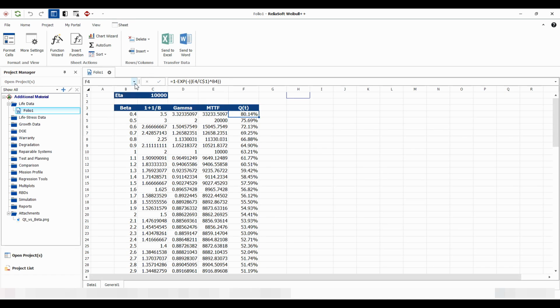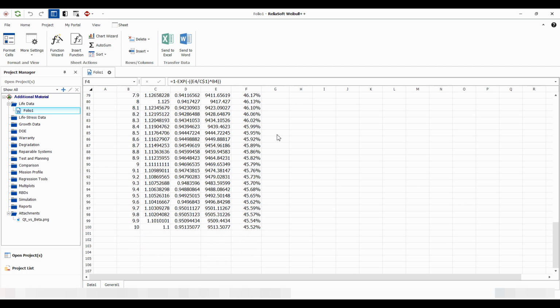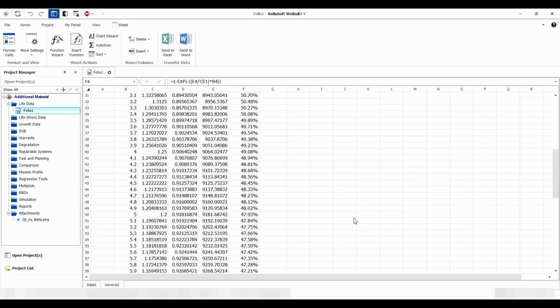And we can see, as we saw on the graph as well, that for infant mortality we have a probability of failure of over 80%, and this drops all the way down to about 45% for our beta of 10. And obviously there is a point where it hits 50%: at 3.4 we got 50.08, and if we go digging a little bit more, we find that it is actually 3.44.